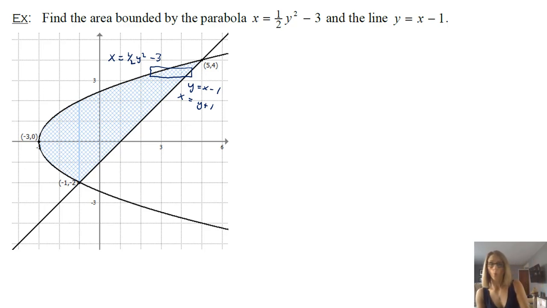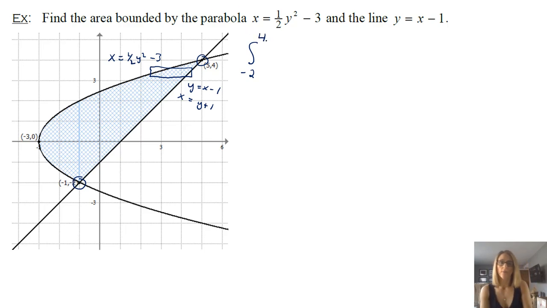We can see that we're given the points of intersection, so those are going to be our limits of integration, and it's going to be from -2. Notice I'm using the y value because I'm going to be integrating with respect to y. So I'm using the y value of -2 up to 4.